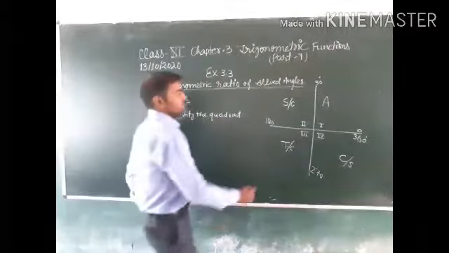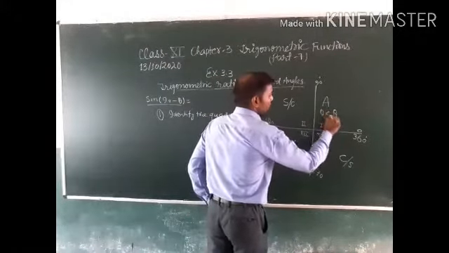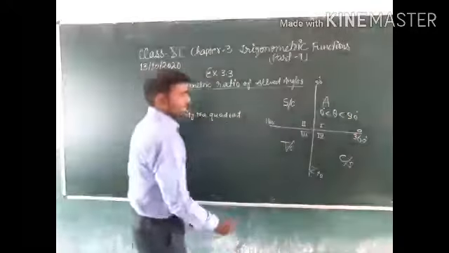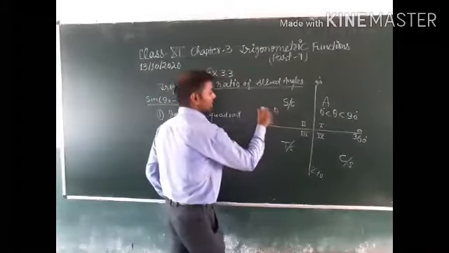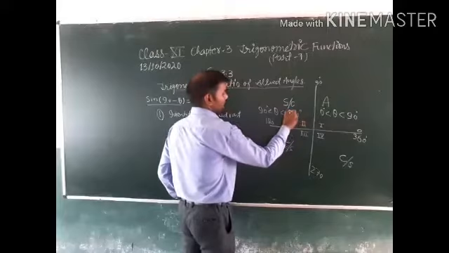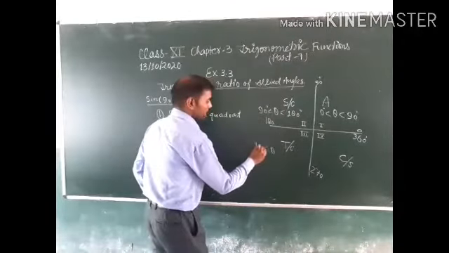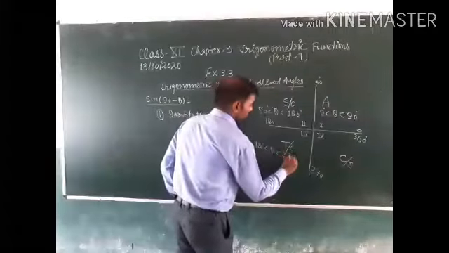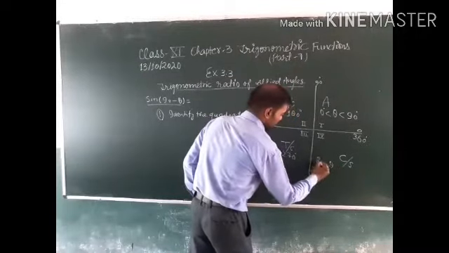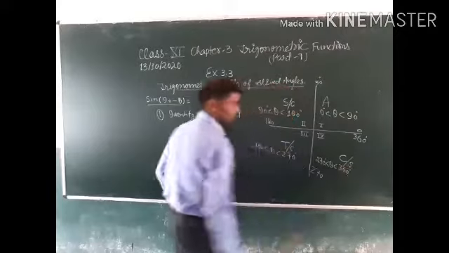In the first quadrant, theta is greater than 0 and less than 90 degree. In the second quadrant, theta is greater than 90 degree and less than 180 degree. In the third quadrant, theta is greater than 180 degree and less than 270 degree. In the fourth quadrant, theta is greater than 270 degree and less than 360 degree.